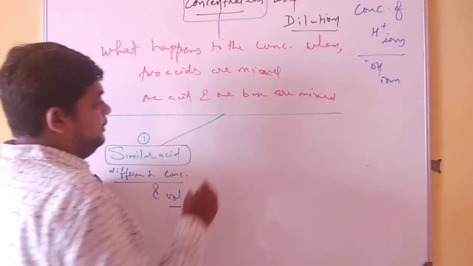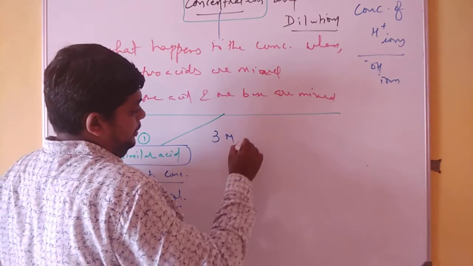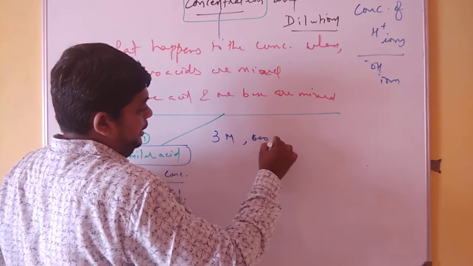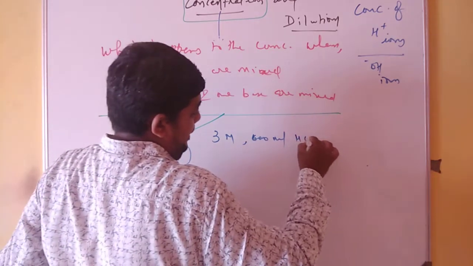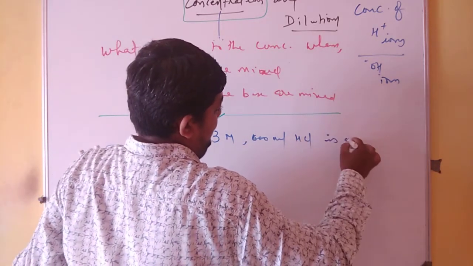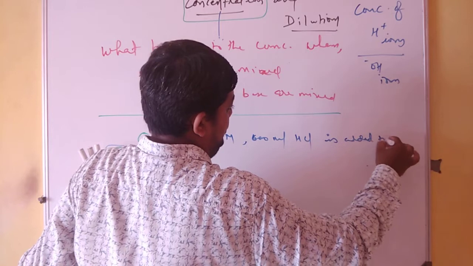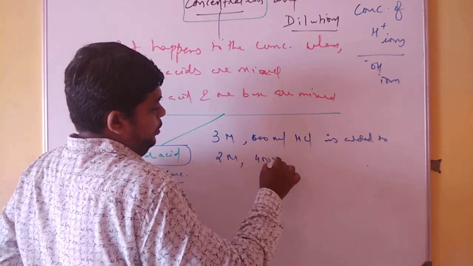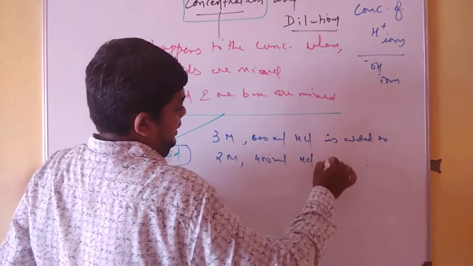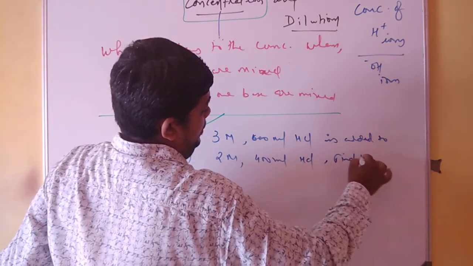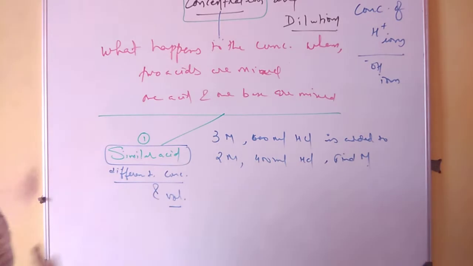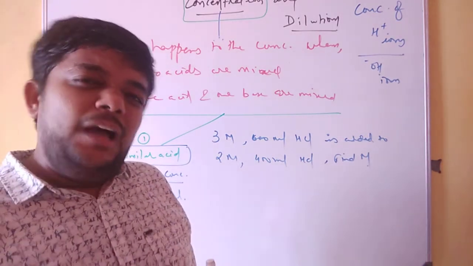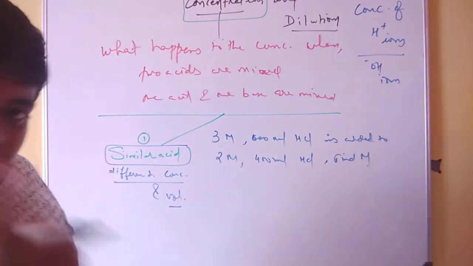Check. If I write 3 molar 600 ml HCl is added to 2 molar 400 ml HCl, find molarity. How would you calculate molarity? How would you calculate the concentration? Be very clear.